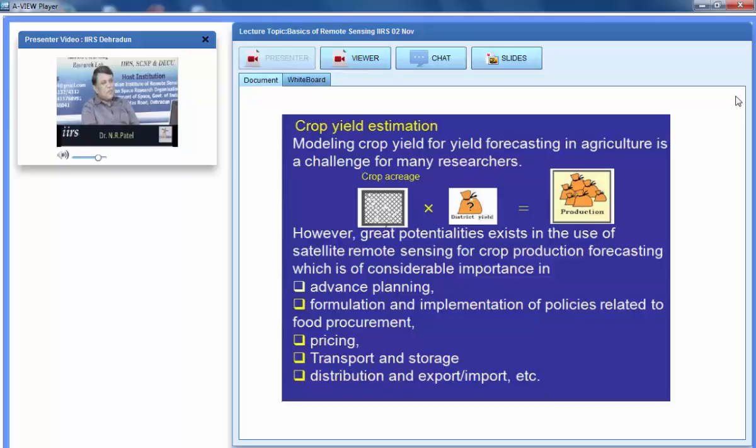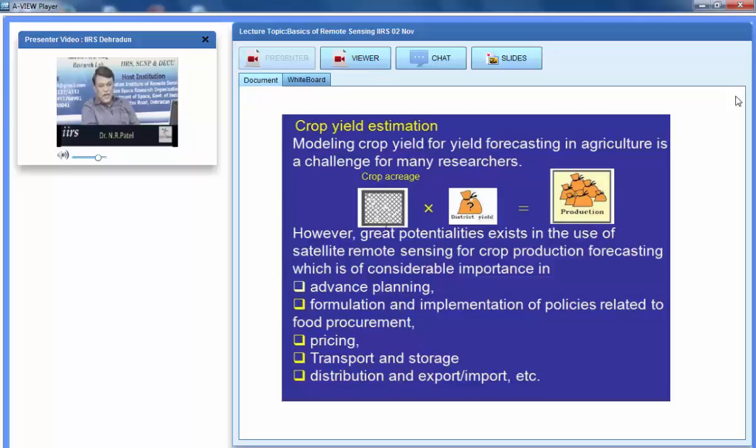If there is a bumper production or production is surplus, government authorities can take decisions with respect to export of surplus food grain or cotton or sugar, whatever production we have in surplus. If it is forecasted well in advance, the government can make policy to export it.